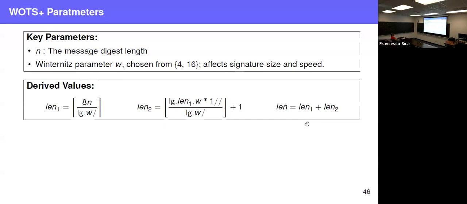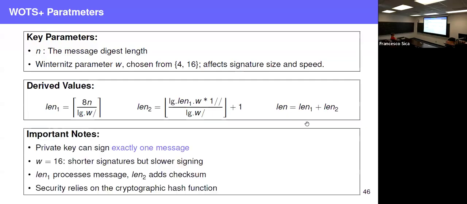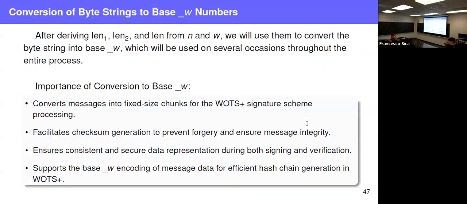We will derive three other values from these key parameters, named len1, len2, and len. len1 processes the message, while len2 processes the checksum. As I said before, W=16 gives a shorter signature and slower signing.